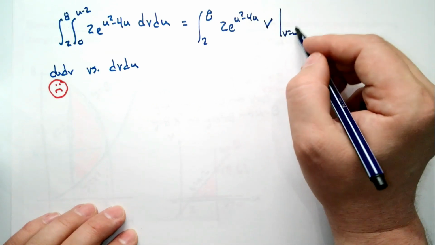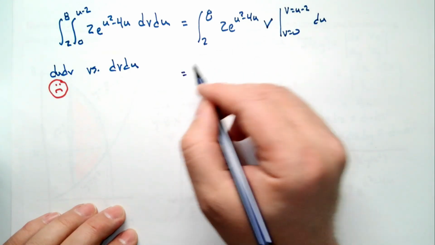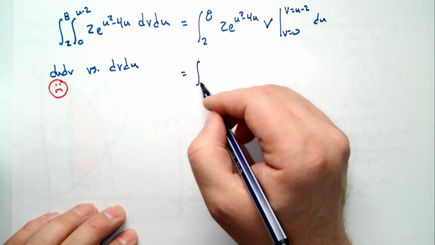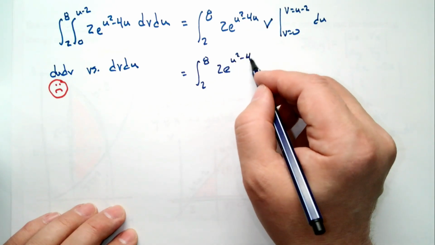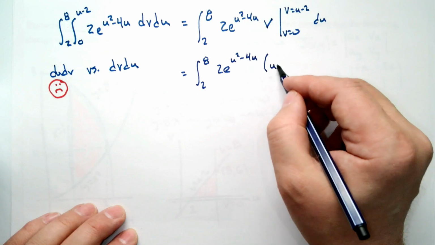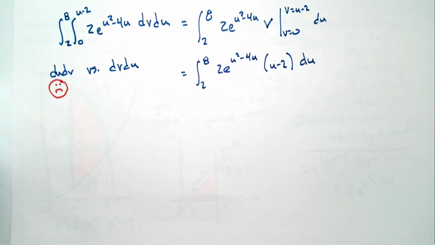Evaluate from v equals 0 to v equals u minus 2 du, which becomes the integral from 2 to 8 of 2 e to the u squared minus 4u, times u minus 2 minus 0. Now, when we ask you to set these problems up and evaluate them, almost always you should suspect that something interesting is about to happen. In other words, that we're being set up for a nice substitution to make. So look for good substitutions.